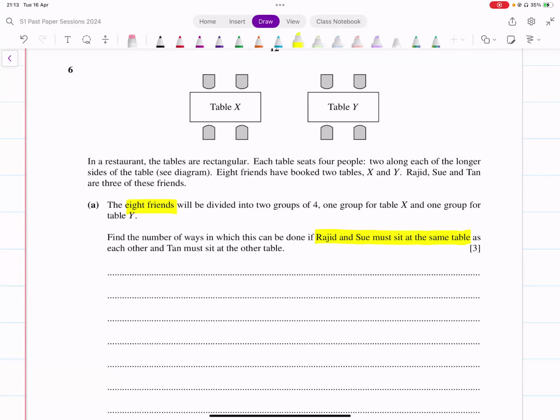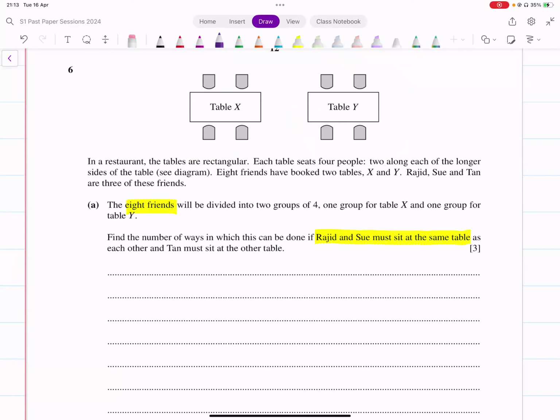So we first have to handle these conditions that we're given. Rajat and Sue have to be placed on the same table. Now, what are the possibilities for that? You could place Rajat and Sue on either this table or on this table, right? It could be one of these 2 possibilities. Now, since the tables are labeled, it does matter which table they sit on.